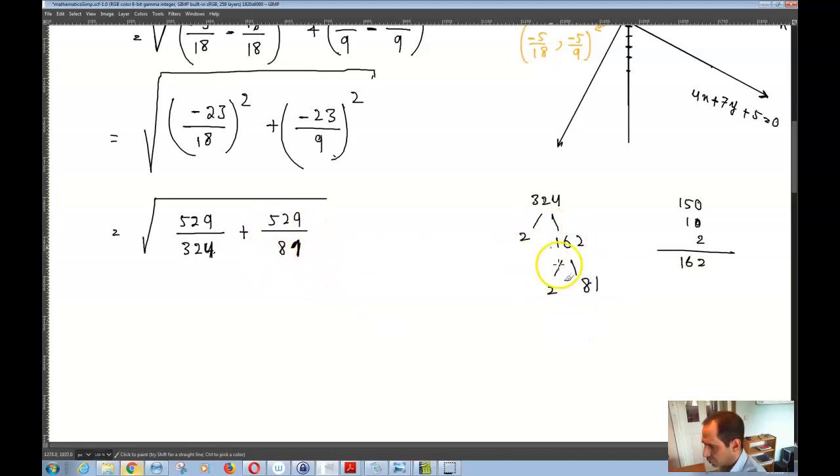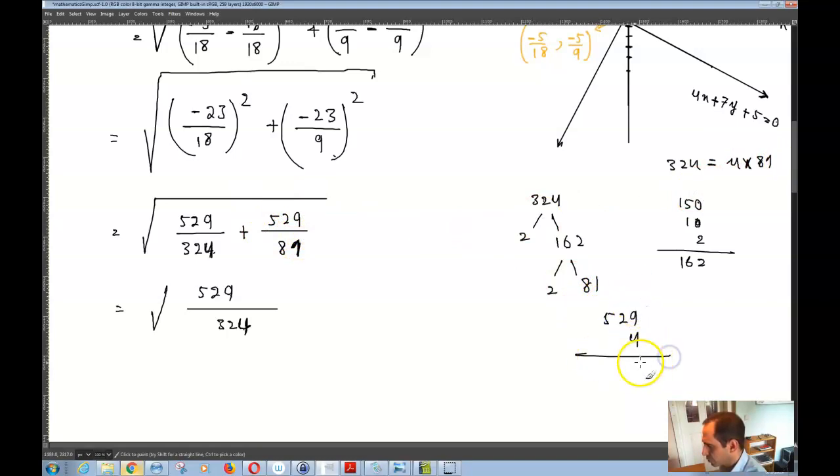So you see it's 4 times 81. So 324 is the same thing as 4 times 81. So I can write this as the square root of 529 over 324, and 324 divided by 81 is equal to 4. So 4 times 529.